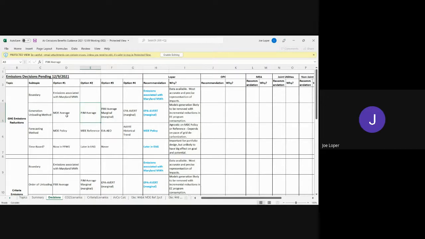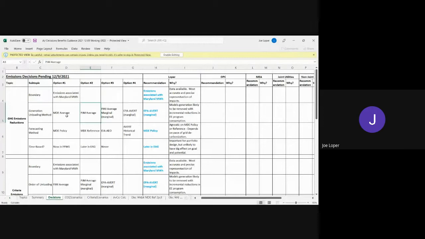The EPA AVERT, as I described before, is modeling the specific generation that's operating at the times and places where the energy efficiency is occurring, and then saying this is the marginal resource that would be backed out.